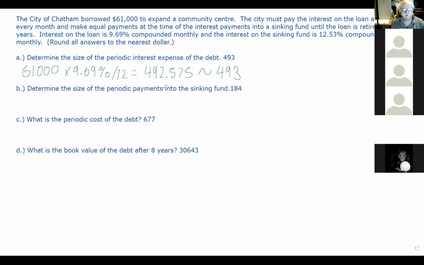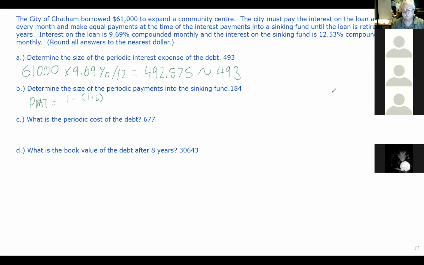Determine the size of the periodic payments into the sinking fund. And so here we've got to solve for the payment. And what formula do we need to use here? It's got to be 1 minus 1 plus I, and 12 years.